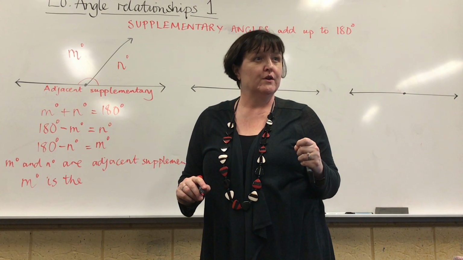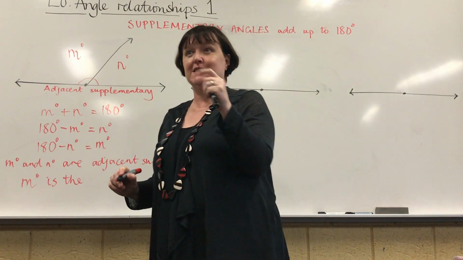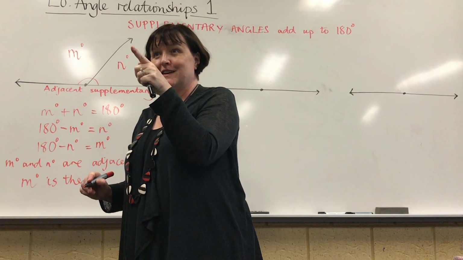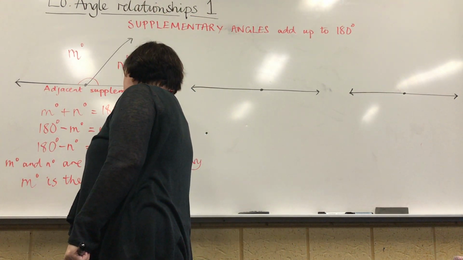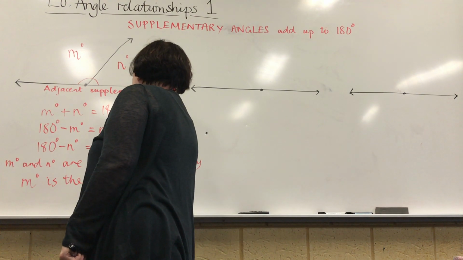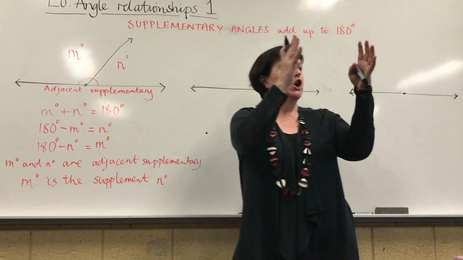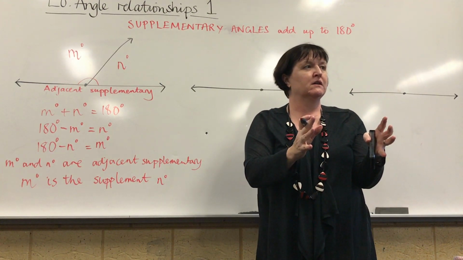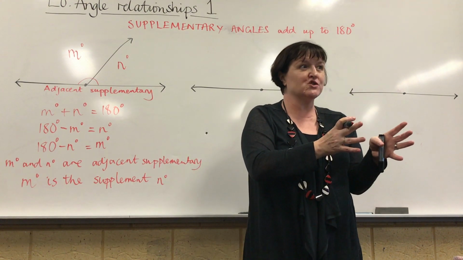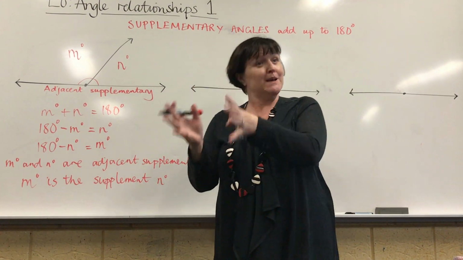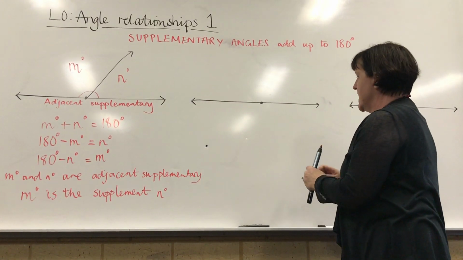Angle M is the complement. No, complement is when they're 90 degrees. Angle M is the supplement. Perfect, well done. Angle M is the supplement of angle N. So you've got complementary, complement, supplementary, supplement. Okay?